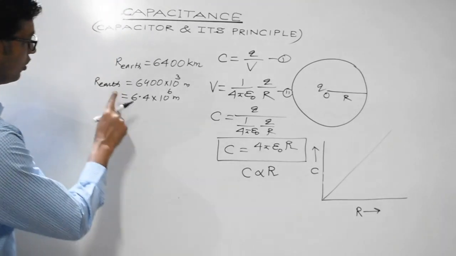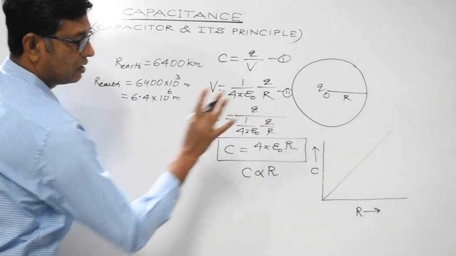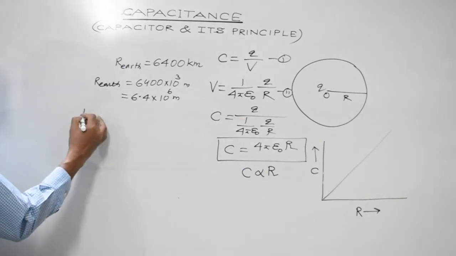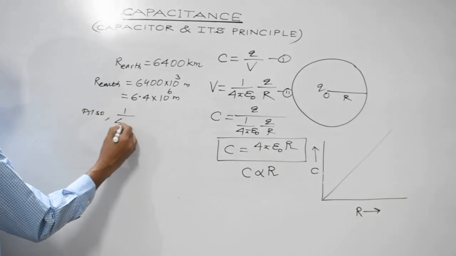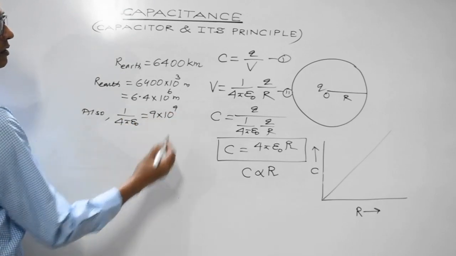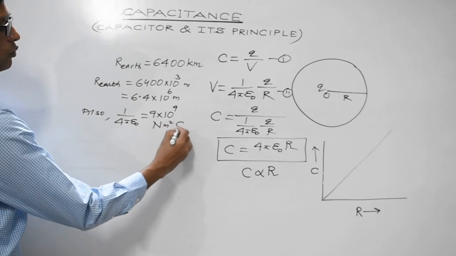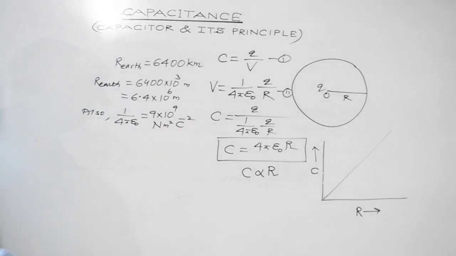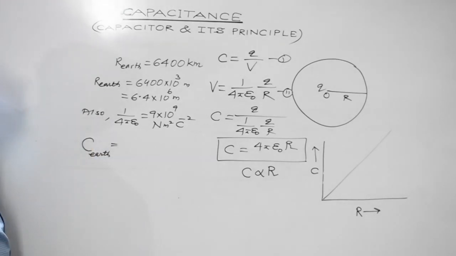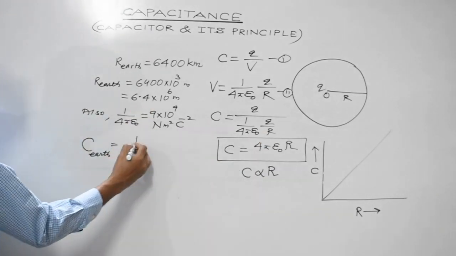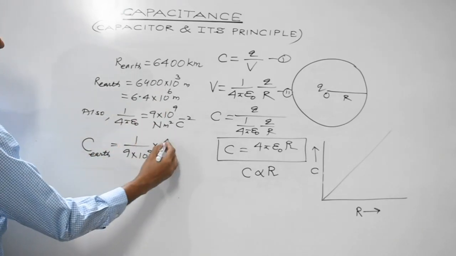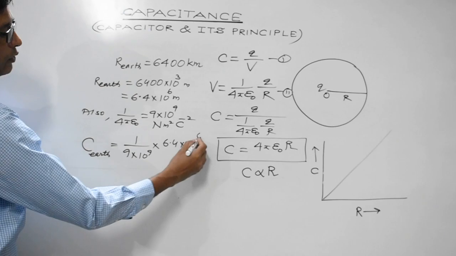Now you can substitute the value of R of Earth over here, and substitute the value of 1 over 4 pi epsilon. You're all aware of it. Its value is 9 into 10 to the 9 Newton meter square per coulomb square. So the capacitance of the Earth would be 4 pi epsilon R, that is 1 over 9 into 10 to the 9 times the radius of the Earth, 6.4 into 10 to the 6.